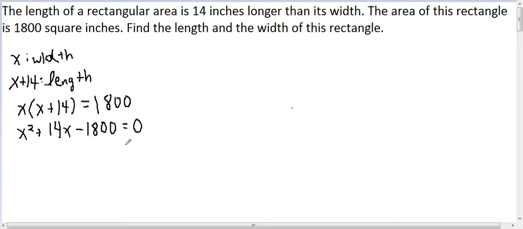Now we need to factor the expression on the left-hand side. Since the coefficient for the quadratic term x squared is 1, we get x and x, and we just need to find out what the other two numbers are.